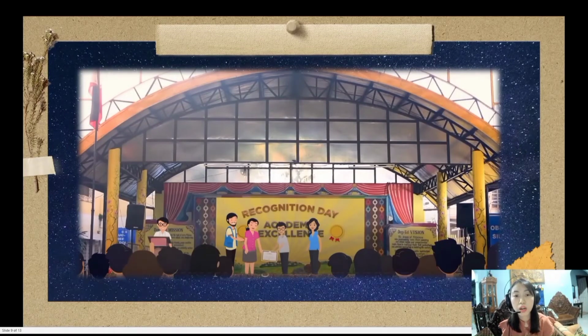Because 'tong mga stakeholders na 'to ay malaki din ang parte sa development ng isang estudyante. Because, of course, sabi ko nga, hindi lang dapat sila natututo sa four corners of their classroom, kundi sa labas din, marami din silang matututunan dito.